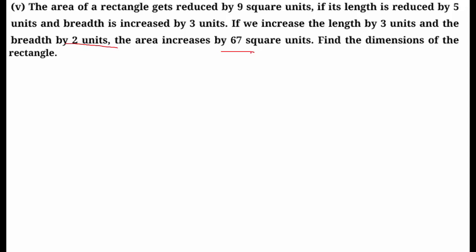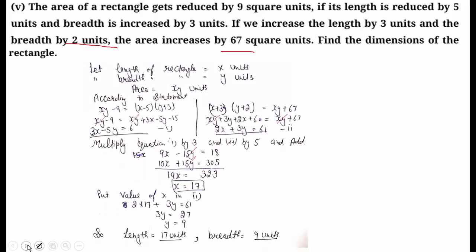In this, let the length and breadth of the rectangle be x and y, and you know the formula of area is length into breadth, so the area will be xy. According to the statement, if we increase the breadth by 3 units and reduce the length by 5 units, that is (x minus 5) into (y plus 3), the area will reduce by 9, meaning xy minus 9.